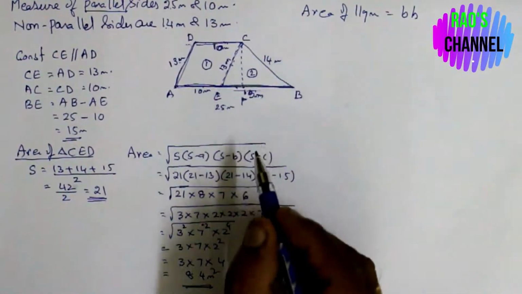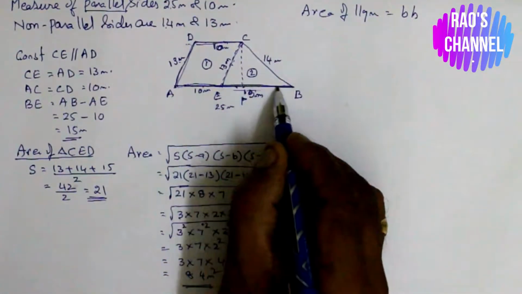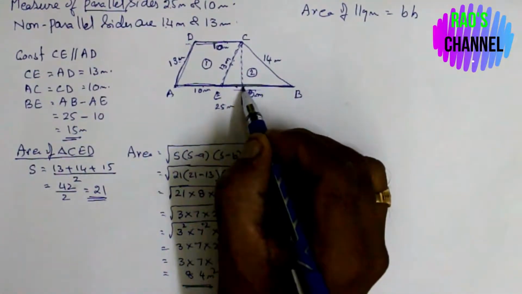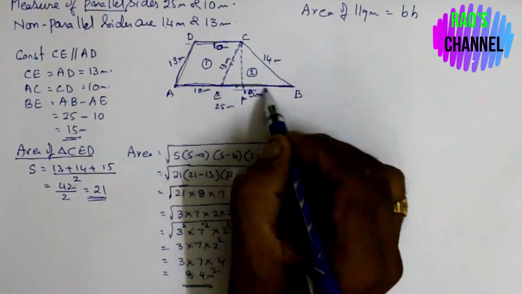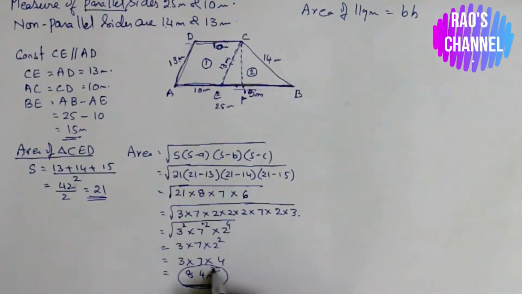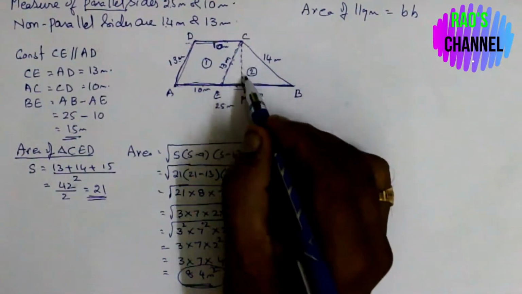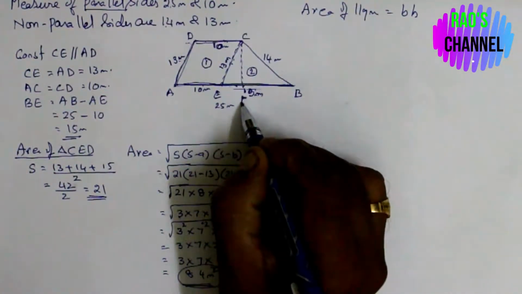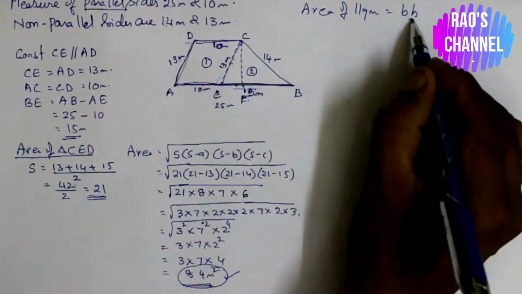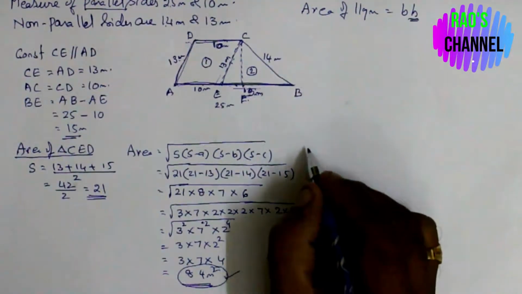By drawing here you understand the area of the triangle can be obtained by half base into height. So half base into height is the area, and Heron formula also gives the area. Already we got the Heron formula area. So it is equal to half into 15 into CF. When you find CF, this CF helps us to find the area of the triangle, that is H. Okay. Let me equate here.